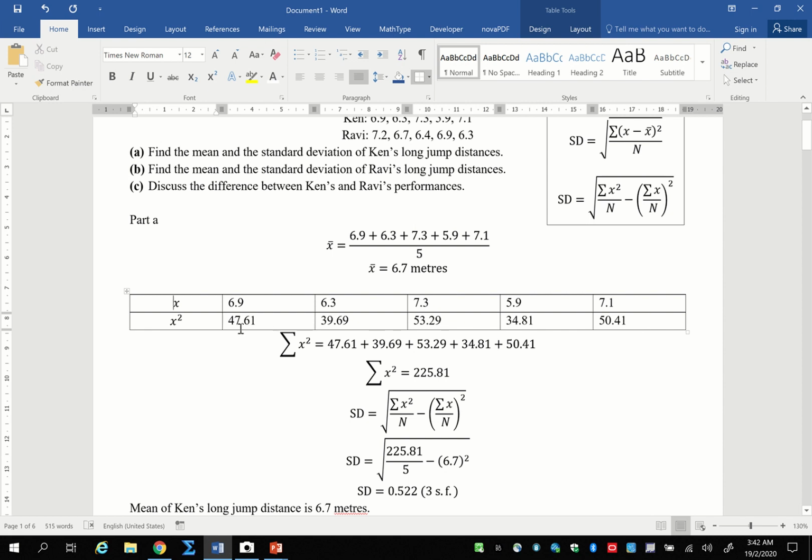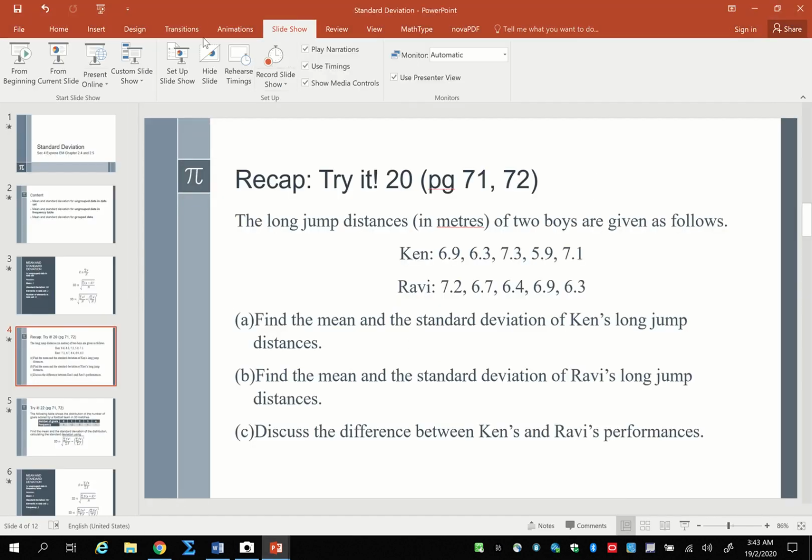You square every single data value, find the summation of x squared, and then substitute it into the formula for standard deviation. The best tip I can give you to find standard deviation: draw a table. So that concludes our recap.